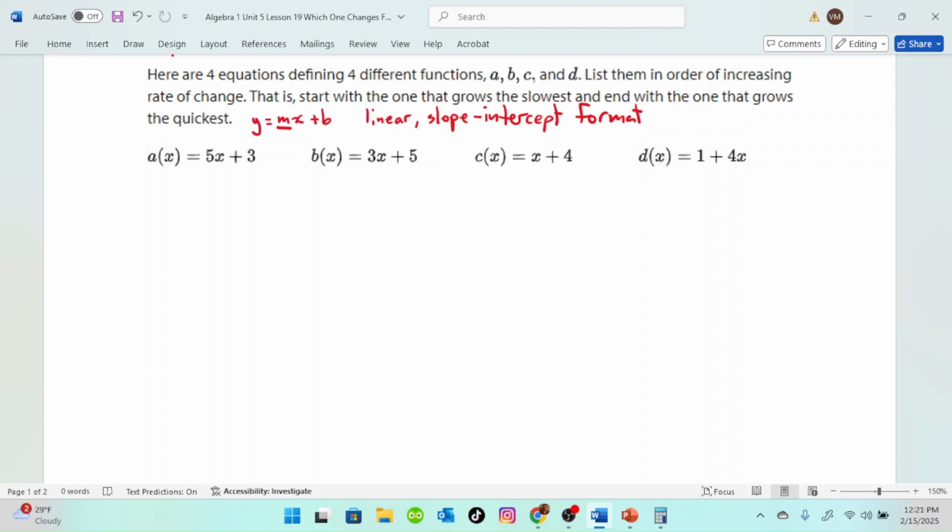So the slowest is going to be the smallest m. So that's going to be c of x. Next would be b, because it has a slope of 3. So b of x. Next would be d, because it's got a slope of 4.